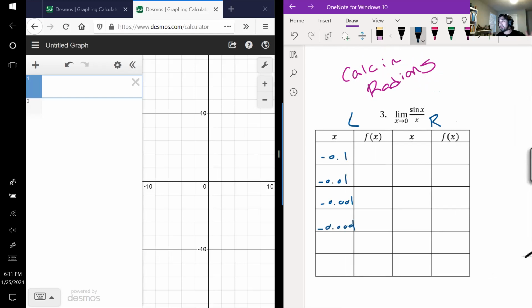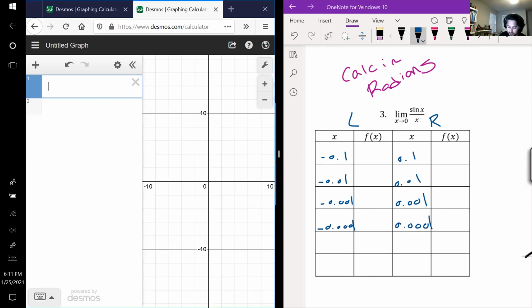And if you feel that you want to put more zeros, go ahead. Again, the more zeros you put, the more information you're going to get. And I'm going to use the same values on the other chart, 0.1, 0.01, 0.001, and 0.0001.